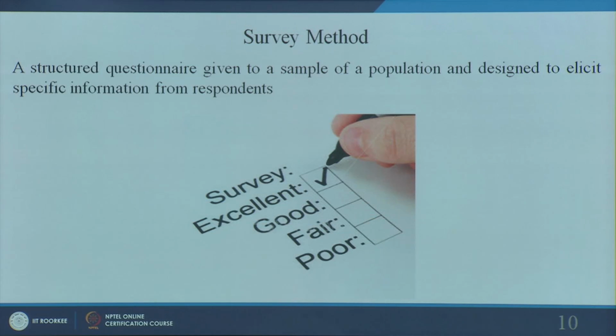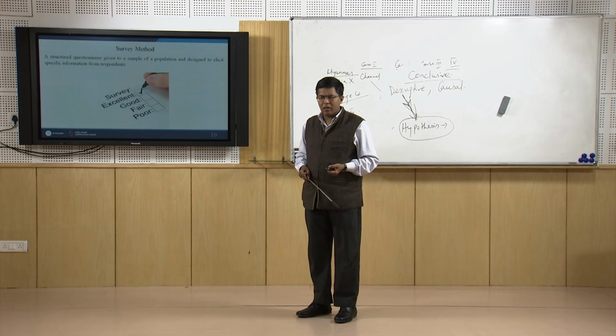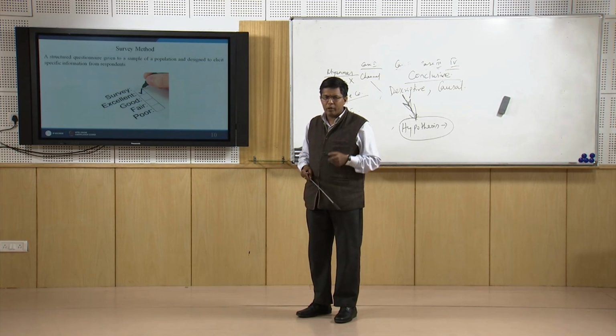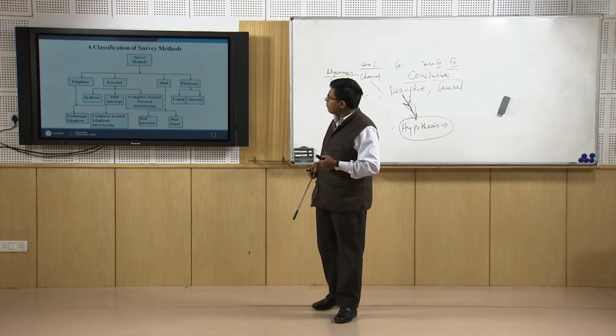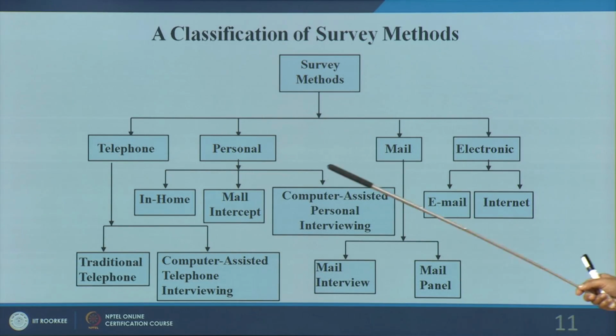Now, how do you collect the data in descriptive research? For example, a structured questionnaire is used in many cases to collect the data. Sometimes it might not be structured, depending upon the objective of the study. Now, these are some of the classical survey methods. How do you do it?